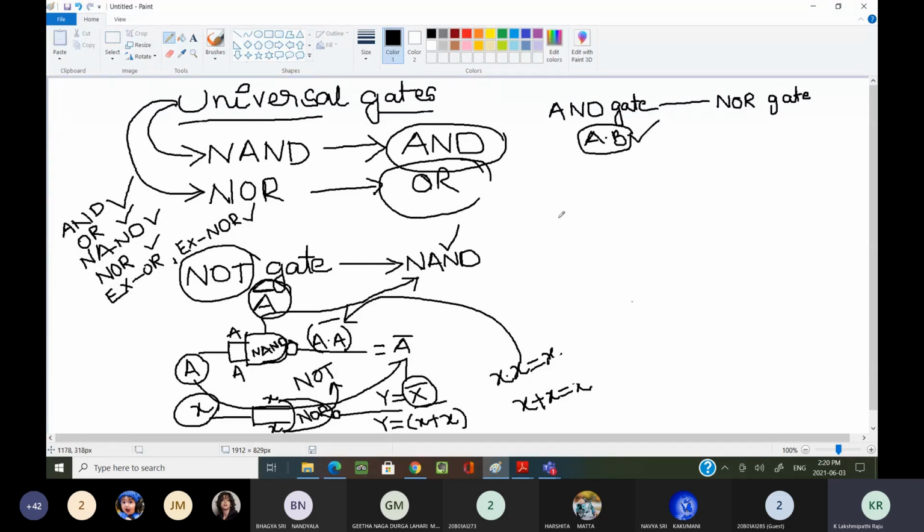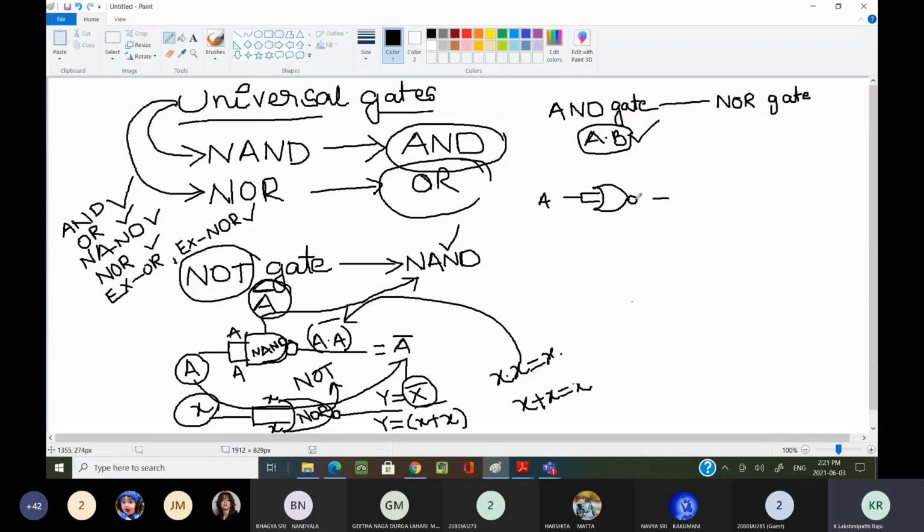Now, how am I designing? See here, I am taking one input as A. Now I am giving that input to one NOR gate. Sorry, I forgot to draw the bubble here.